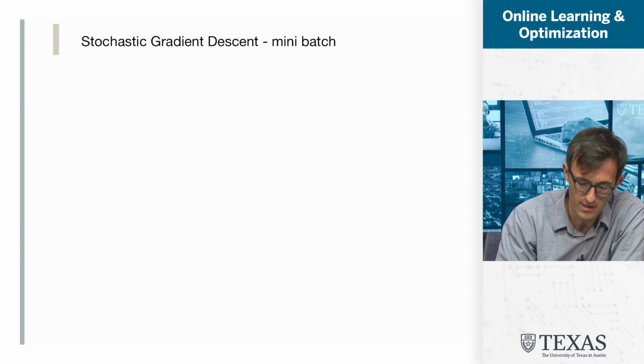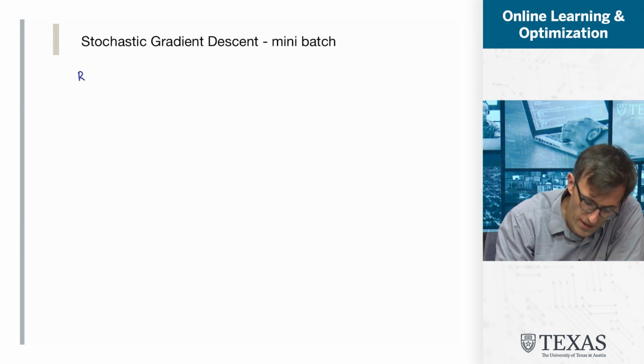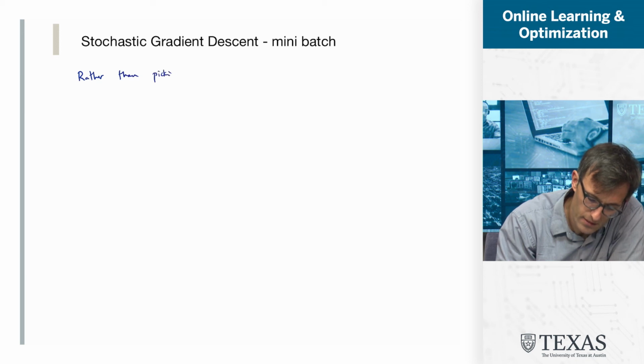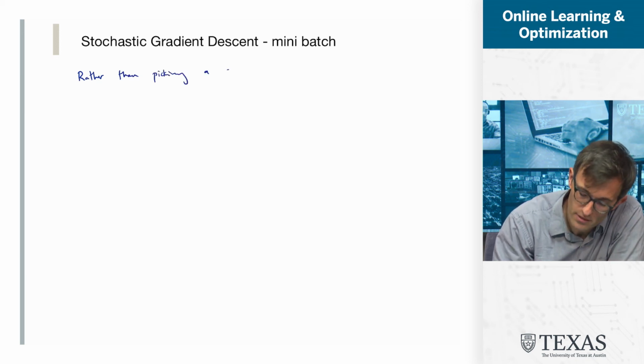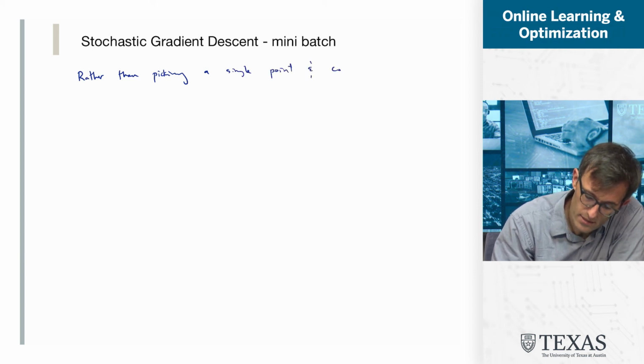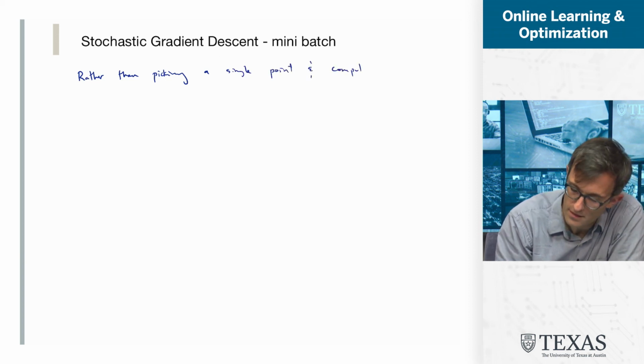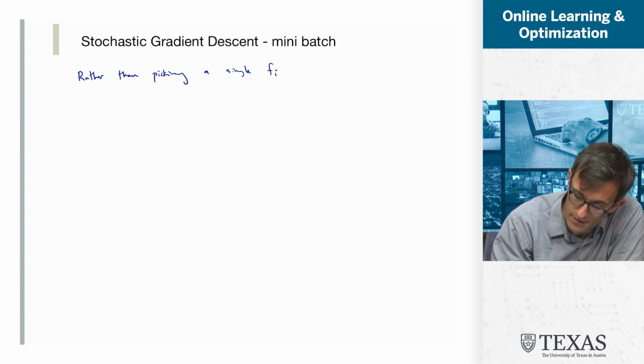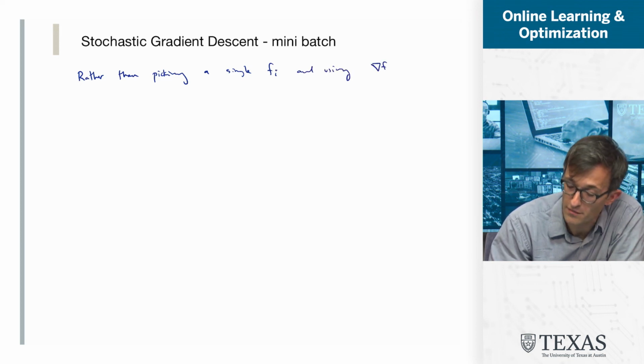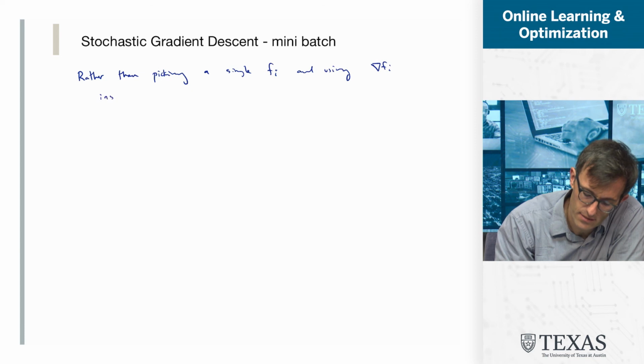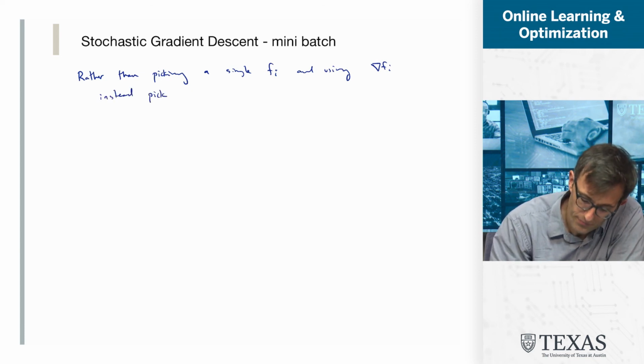So mini-batch just says, rather than picking a single point, and computing, so when I say a single point, let me just be a little more careful, a single f_i, and using the gradient of f_i, we instead pick many of these. Some number.